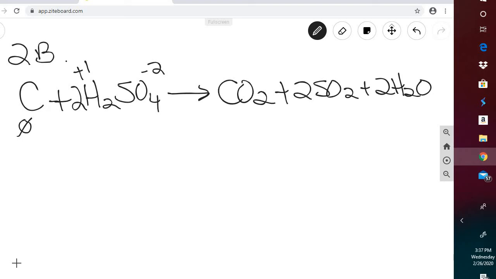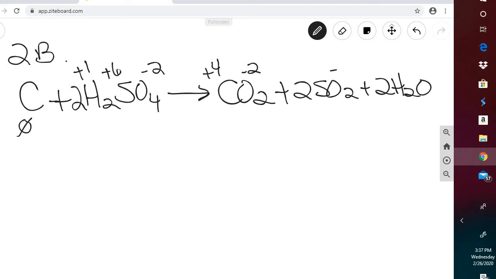So the sulfur has to have a charge of +6, so that the charge on the whole molecule is 0. Okay, we know that oxygen most of the time is -2, so that's 2 times -2 gives us -4, and so the carbon has to be a +4.